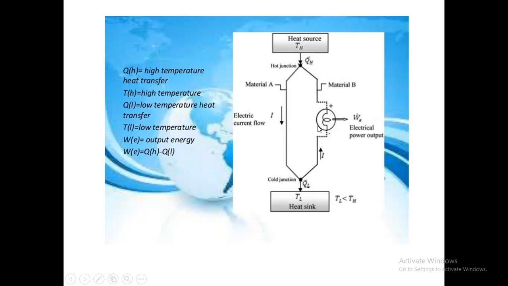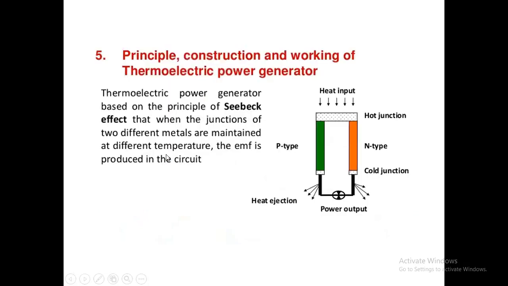In between these two metals, the phenomenon produces the electrical power output in the form of EMF. Q of H is high temperature heat transfer, T of H is high temperature, Q of L is low temperature heat transfer, and T of L is low temperature. W of E is the output energy, and the electrical work is Q of H minus Q of L.